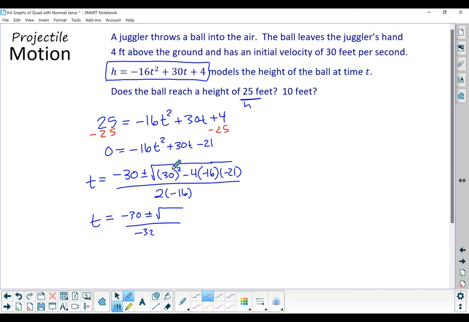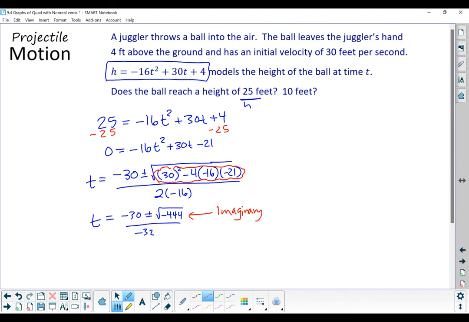And if you calculate this number in your calculator, don't put the root in case it's negative, but that would be a negative 444. And I don't even need to keep going because this is a negative square root. This is an imaginary number, which means, whoops, I did not spell imaginary right.